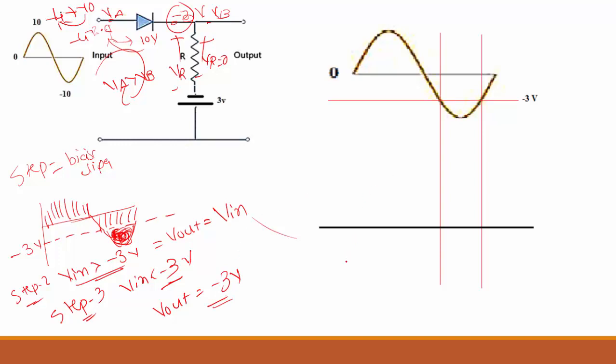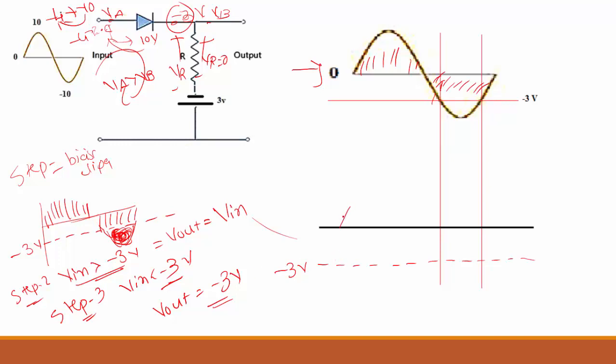Now let us draw the output characteristic. This is the input, and before drawing the output I will draw one DC line equal to minus 3 volt. I am talking about these voltages when greater than minus 3 volt, it's the same as V out equal to V in.